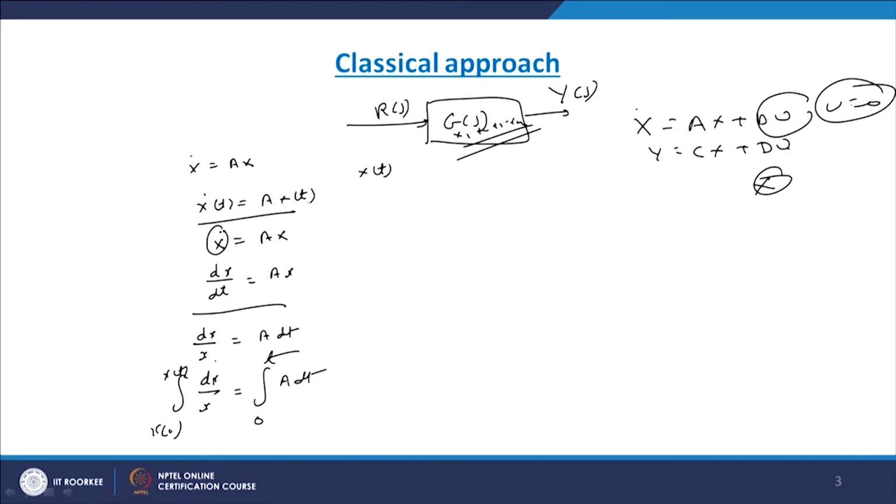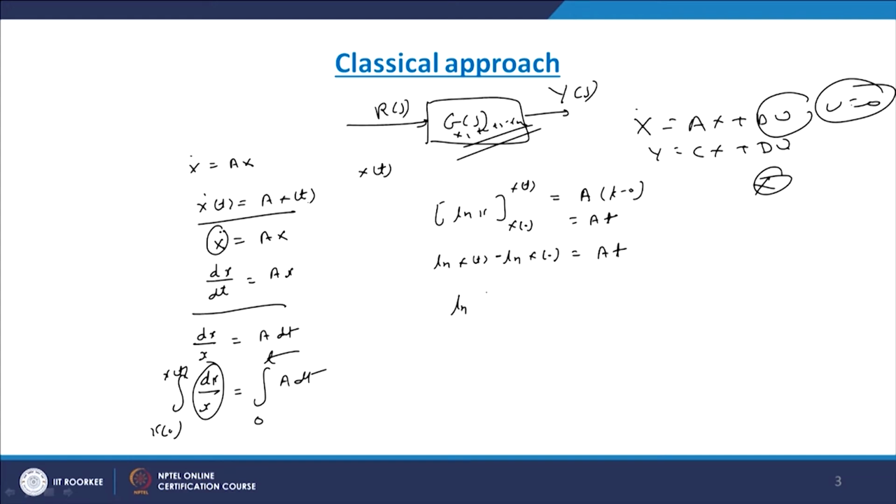Now you know the rule of integration. The integral of dx by x gives the natural logarithm of x, from x of 0 to x of t, equal to A into t, that is A into (t minus 0). That means the natural logarithm of x of t minus the natural logarithm of x of 0 equals A into t.